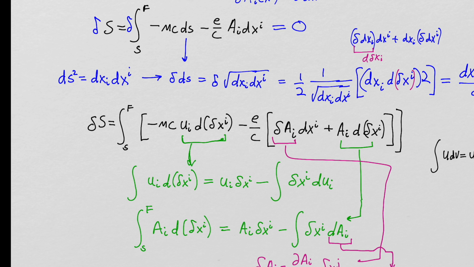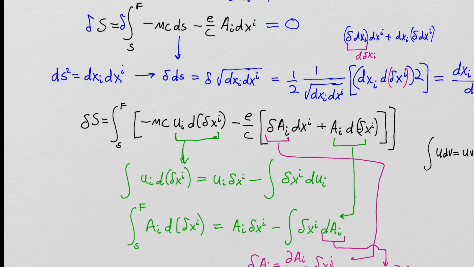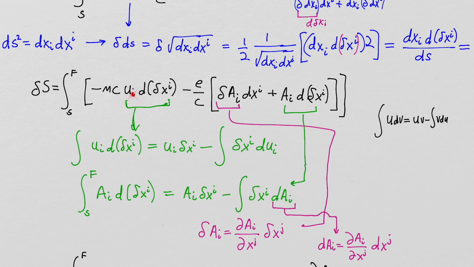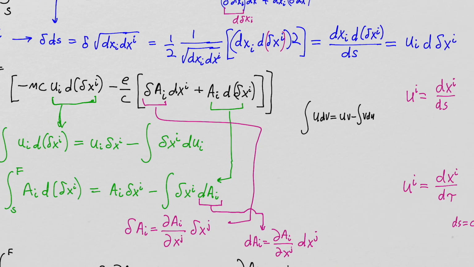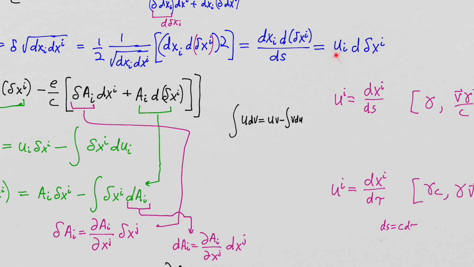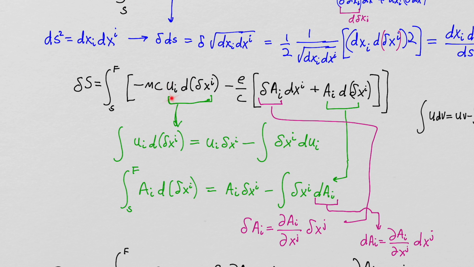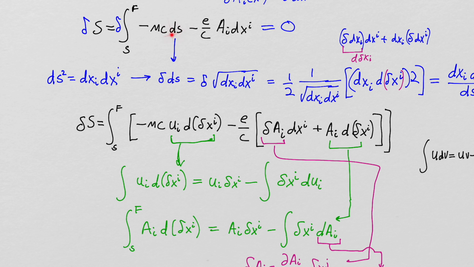And so when we substitute in for ds, we end up with this u_i differential of the variation, right? That's where this function gets put in as a substitution for ds. The mc are constants, so it just drops right in there. And so that's the first variation, right?